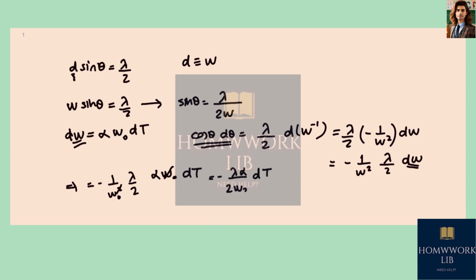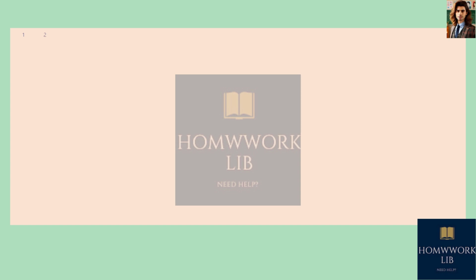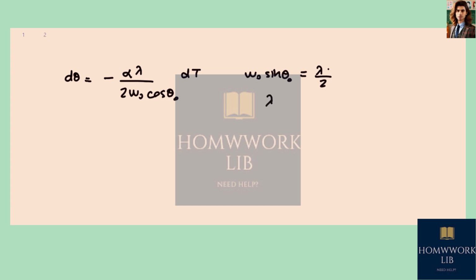Now let's go to the next page. If I isolate d theta, I'm dividing both sides by cosine: negative alpha lambda over 2 w naught cosine theta naught, times dt. These are the initial values, the boundary conditions. Now w naught sine theta naught gives us lambda over 2 from the first equation.